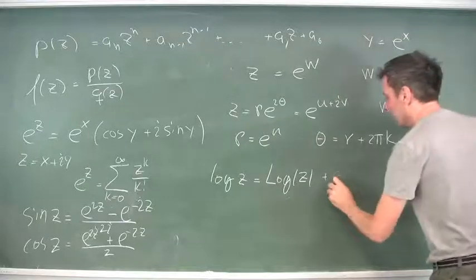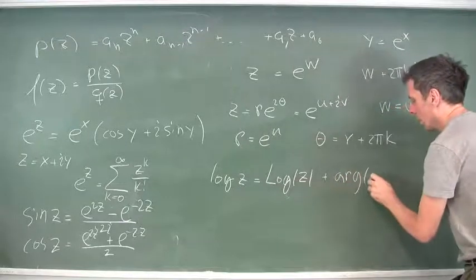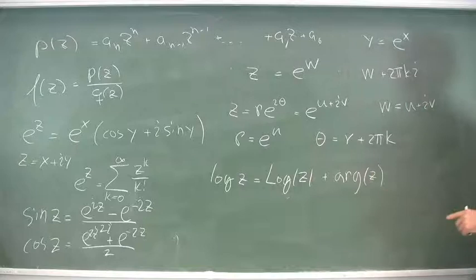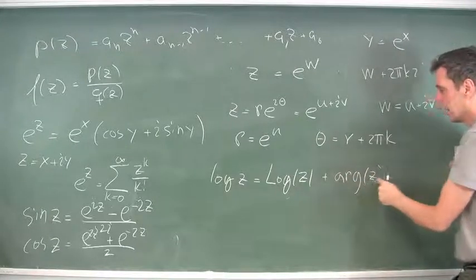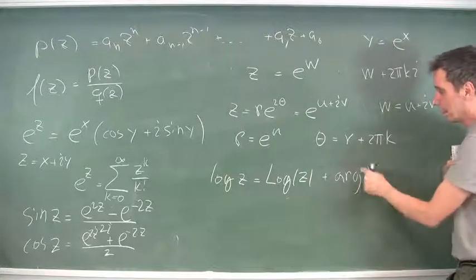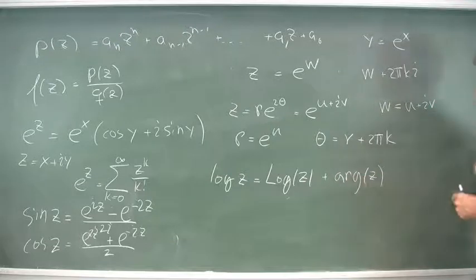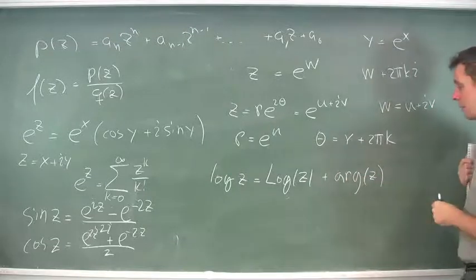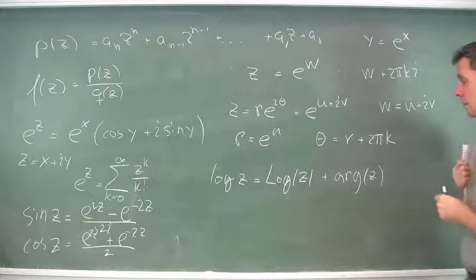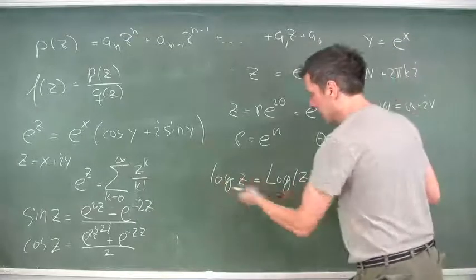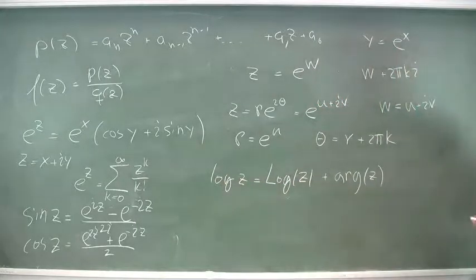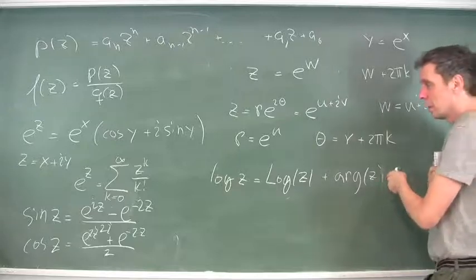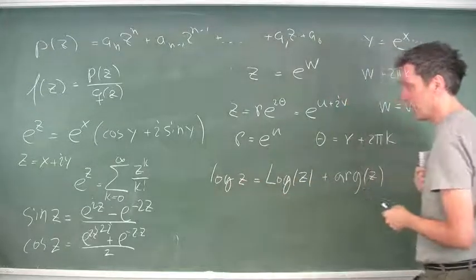So let me write this as argument of z, which now, so to speak, symbolizes all possible arguments for the complex number z. So actually this can be taken as the definition of the complex logarithm of the number z.